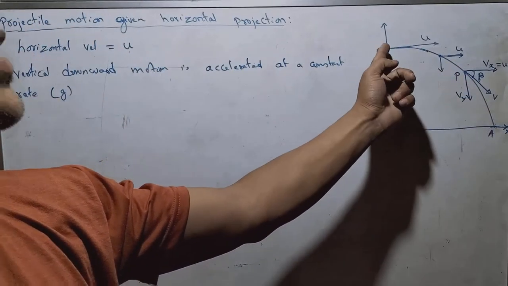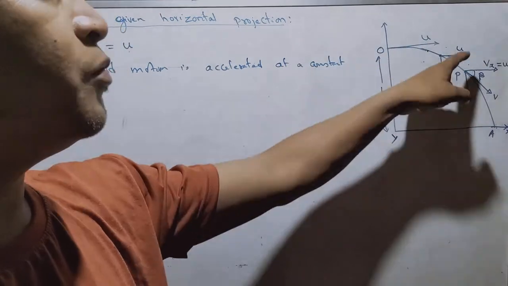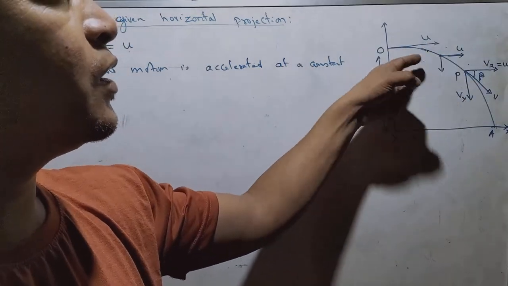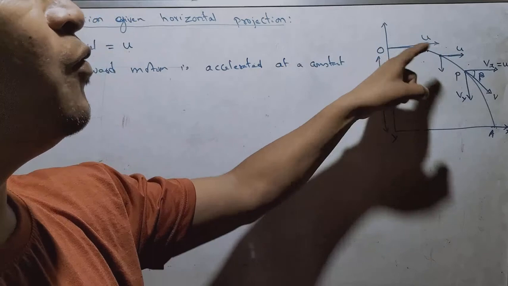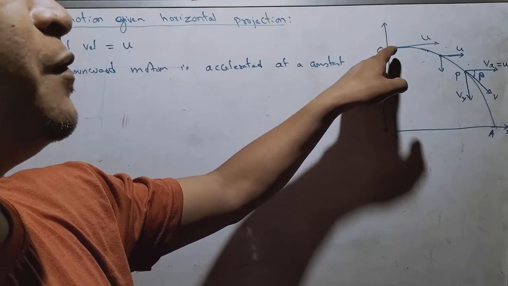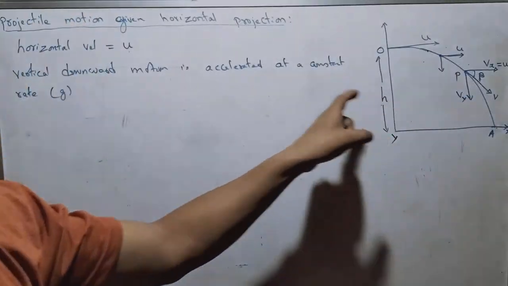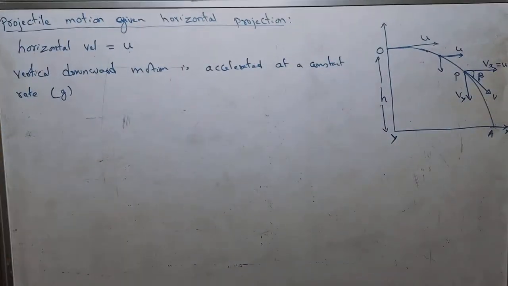It means the body covers horizontal as well as vertical distance. During the horizontal motion, the velocity is always uniform, equal to the velocity at the time of projection, and during the vertical motion it is moving down with a constant acceleration equal to g.